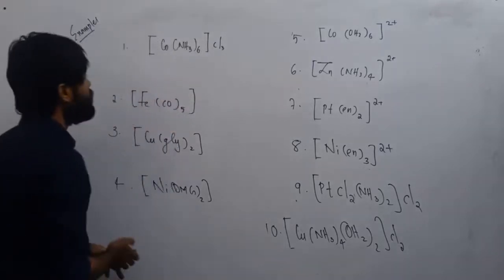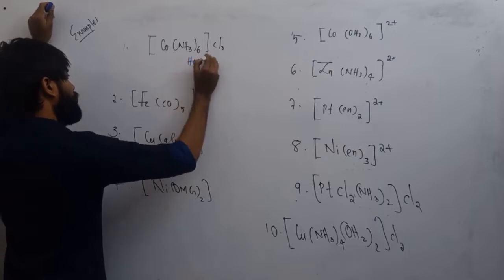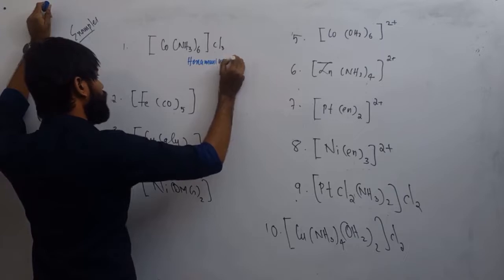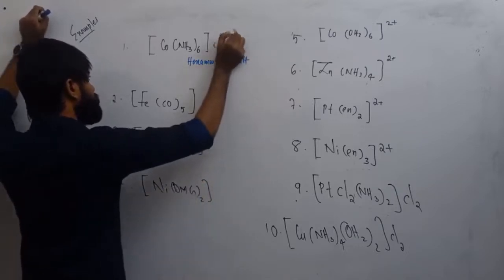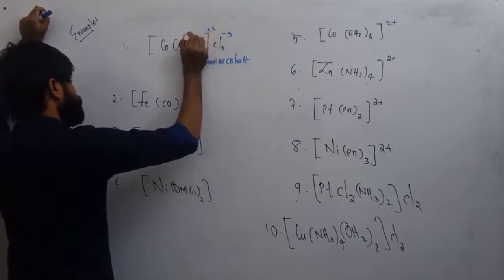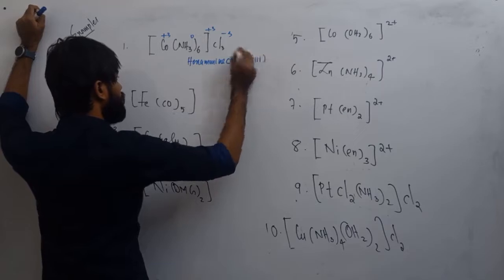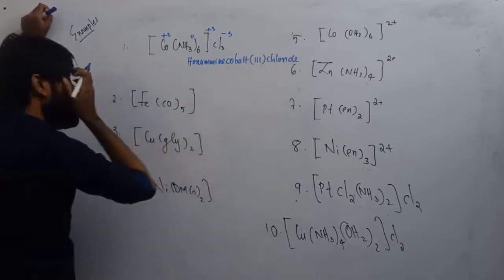So the name is hexamine. And for the cationic entity, cobalt is enough. The charge is -3, so this is +3, and that +3 is offered by the cobalt. And the final is chloride. In terms of the number of your counterion, simply chloride is enough.